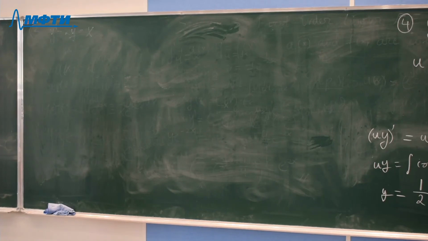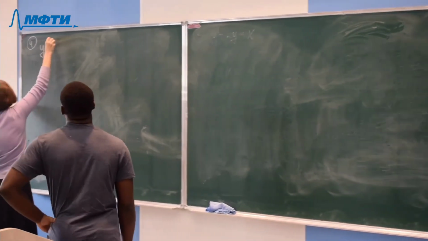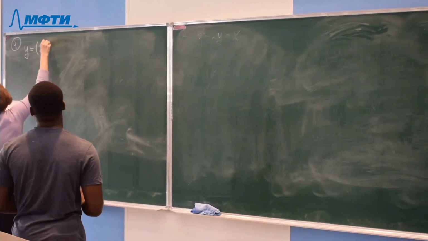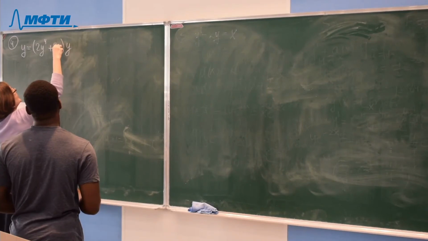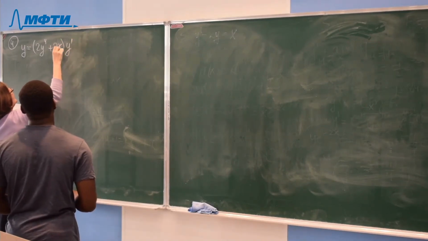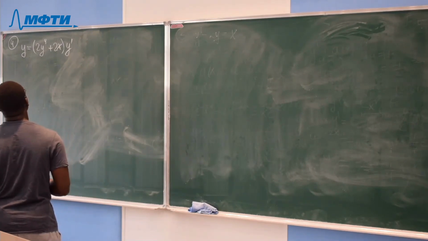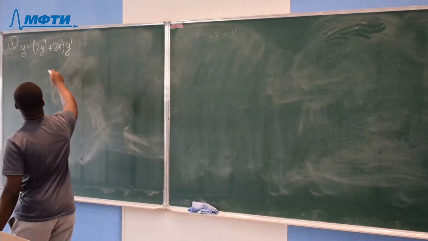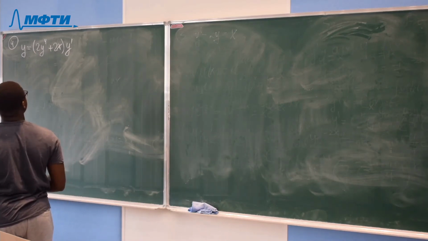So it's number 4, I think. y equals 2y to the 4th plus 2x times y prime. Is this equation linear in y? No, because we have exponent 4. It's not the first power.